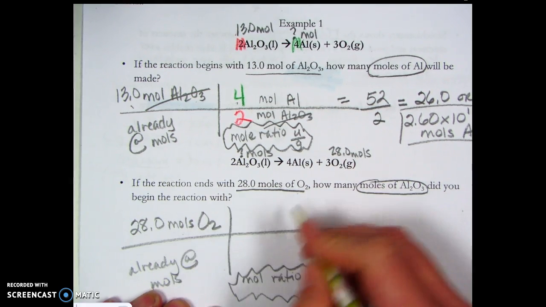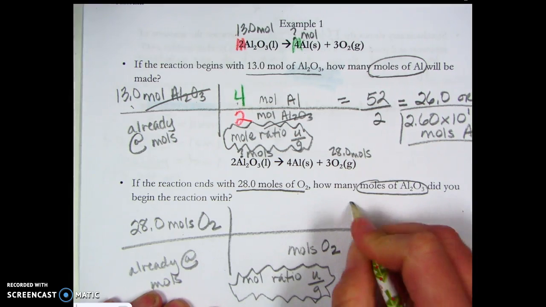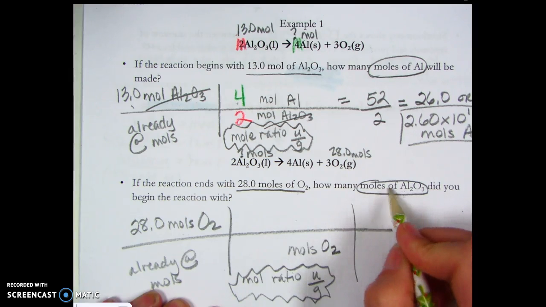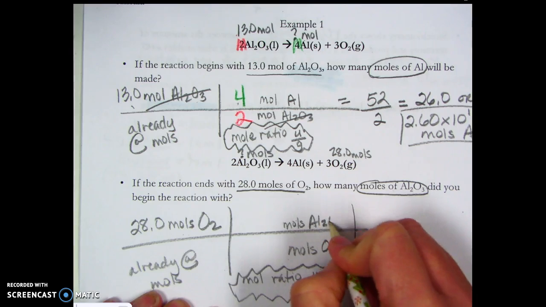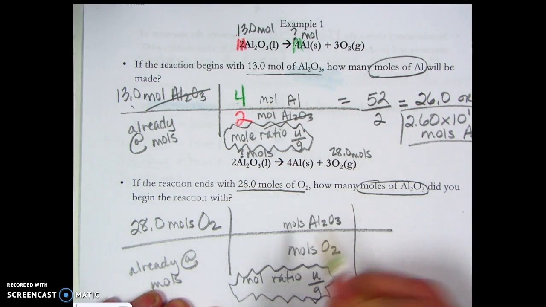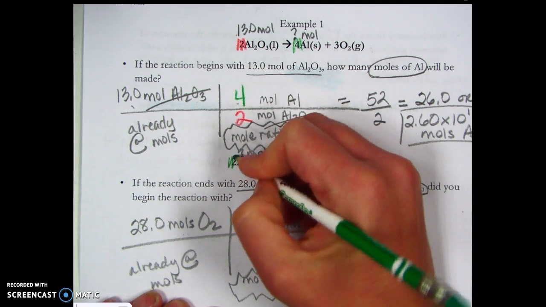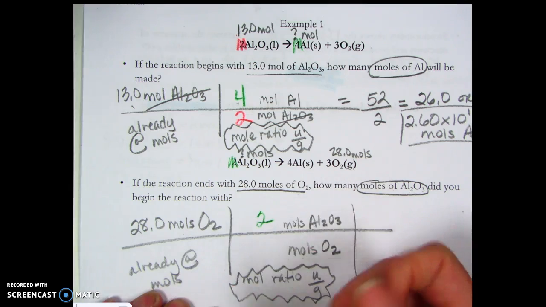The words on the top are the words on the bottom. Moles of O2. Okay. And our unknown is going to be moles of aluminum oxide. All right. We go to our coefficients. So aluminum oxide is 2 and oxygen is 3.